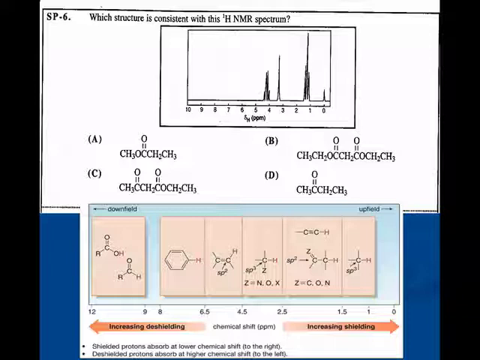That would be a quartet, and that would be a triplet. That fits. That would be a triplet, quartet, singlet. Wait, those seem the same, don't they? Can't really tell there. How about here? So just by counting the splittings, we can't really tell.